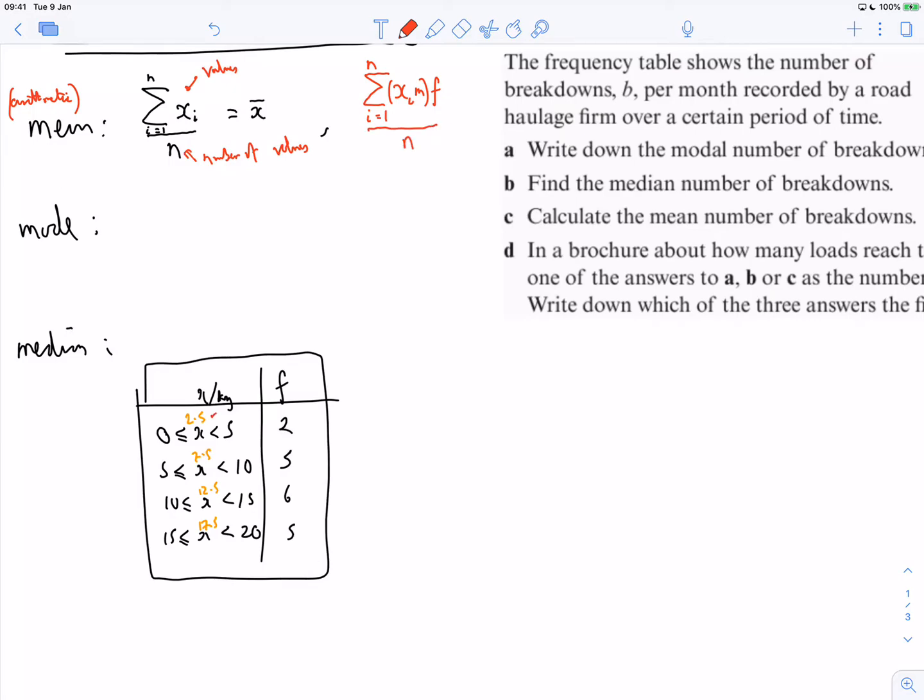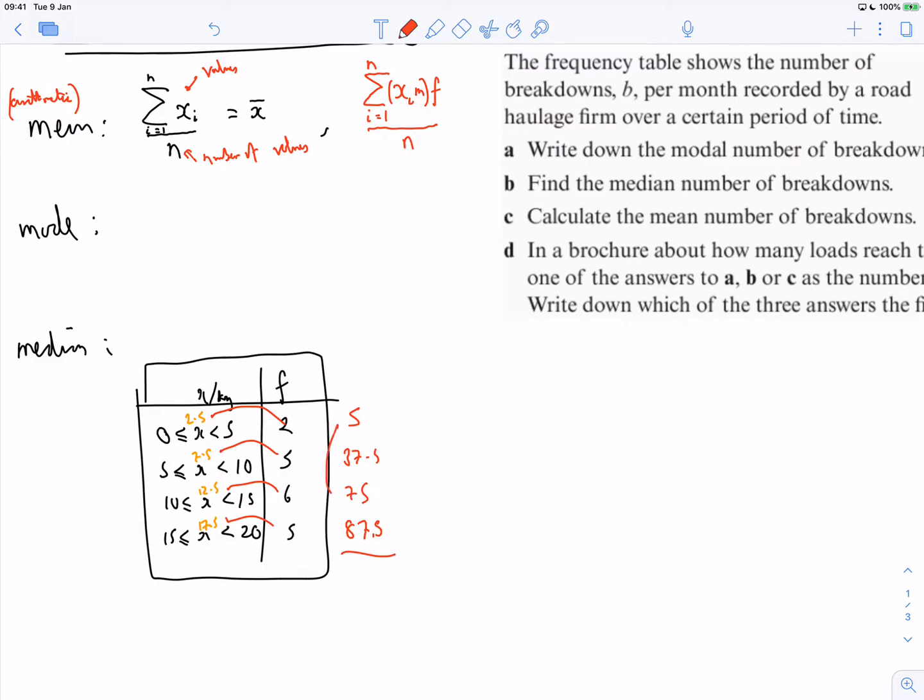So we would do 2.5 times 2, which is 5, 7.5 times 5, which is 37.5, 12.5 times 6, which is 75, and 17.5 times 5, which is 87.5. And then you add all those together.